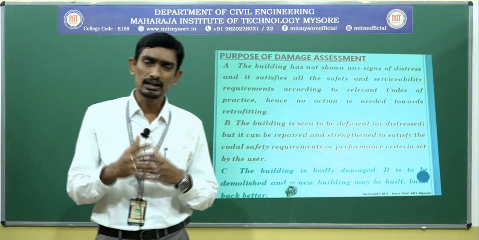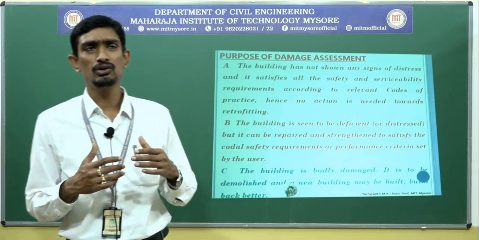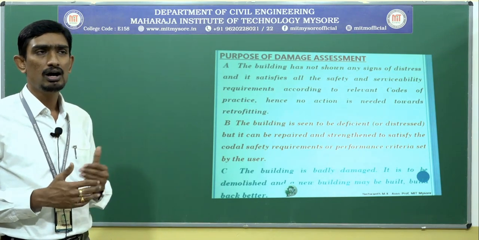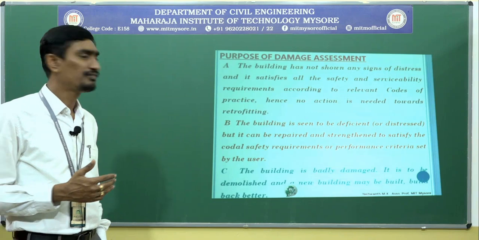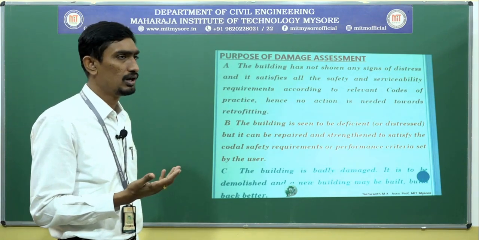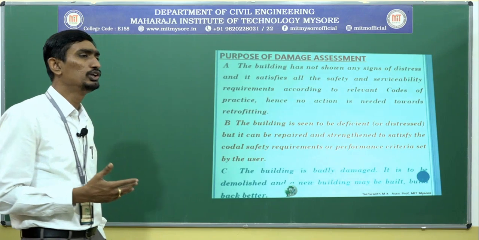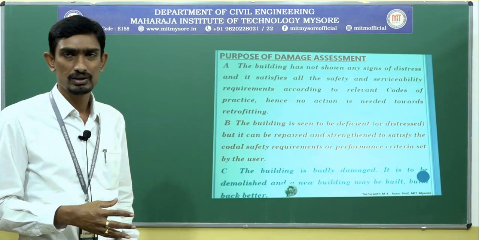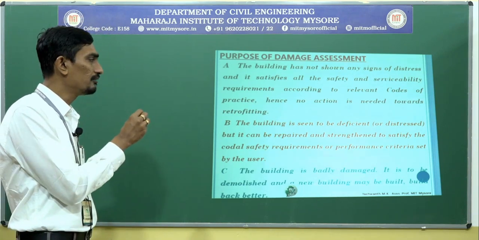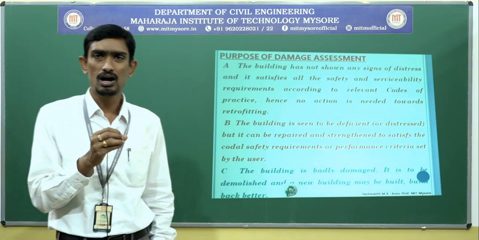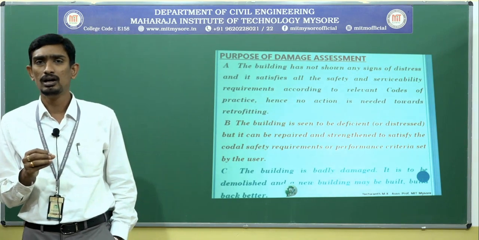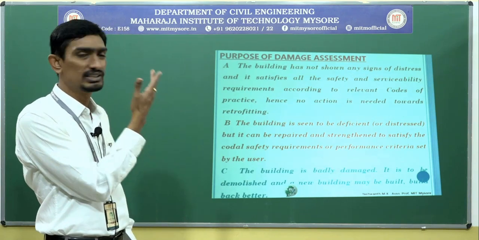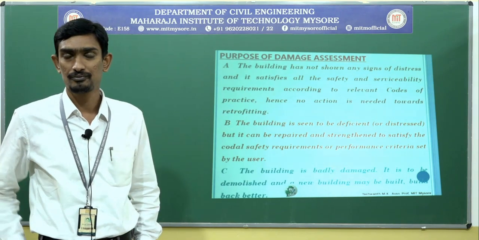So next, as you can see from the objectives, if I am going to evaluate or assess a building, and I do not observe any signs of distress or any signs of damage, that means the building possesses all the things; it satisfies the safety, that means the limit state of collapse.